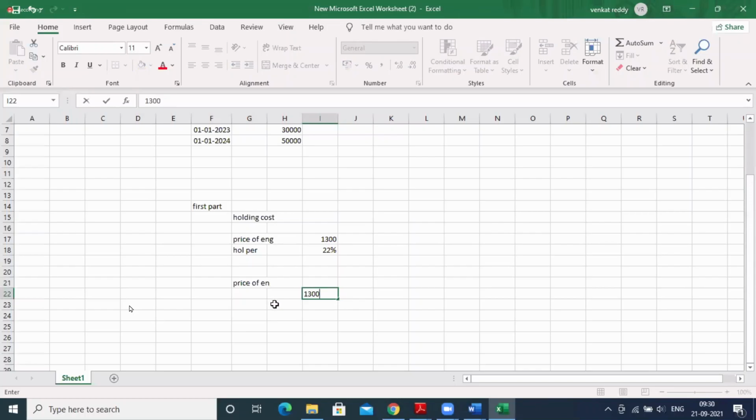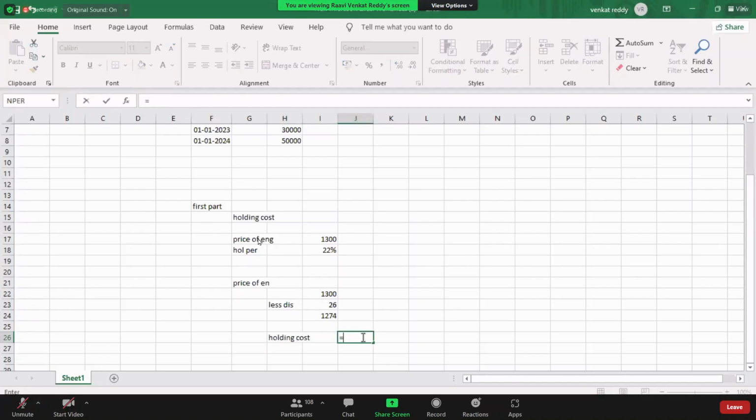1300 less discount. So what is the discount? 2%. So 1300 into 2%. After deducting the discount, what is the final price? 1300 minus 26, so it is 1274. Now on 1274, we need to calculate the holding cost.